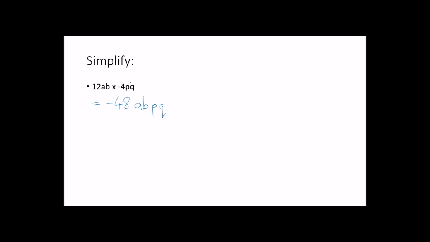Now, it's probably worthwhile doing a slightly different example of this as well, although there actually weren't any in the test. But where you might get something that's a little bit trickier is, say we do something like 12ABC times 3BD. Now, the only thing that's slightly tricky here, now we can evaluate our numbers. 3 12s are 36.